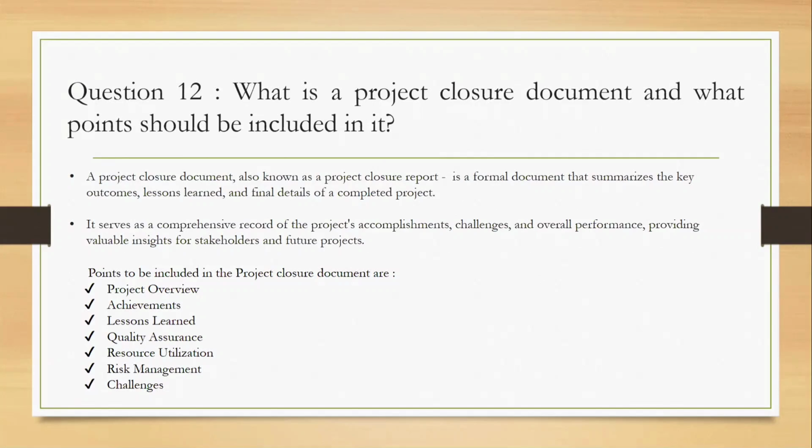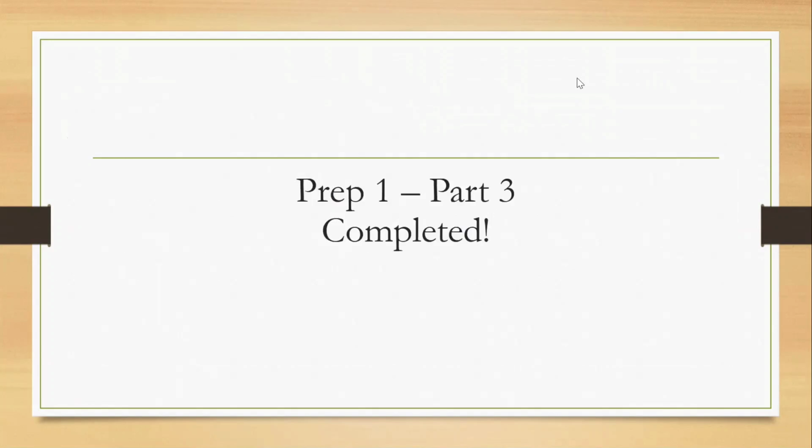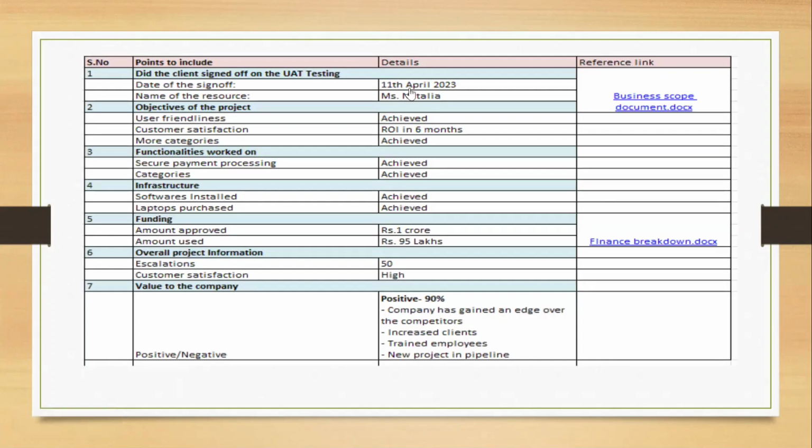We need to mention all the things, including the challenges we have faced through this project. We will mention this in the project closure document at the end of the project.